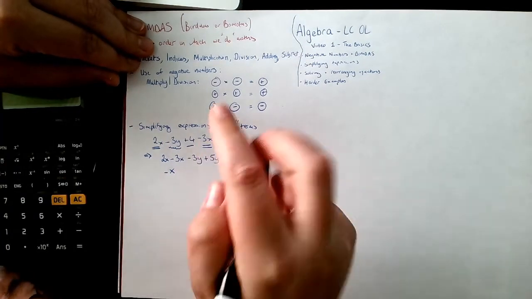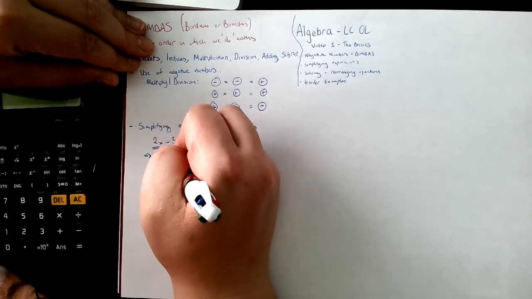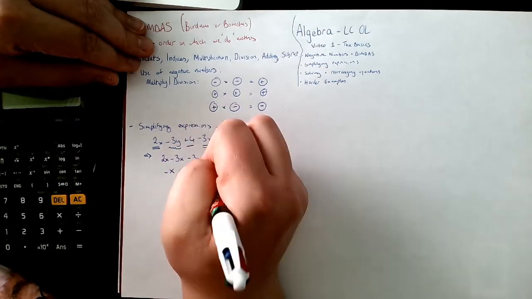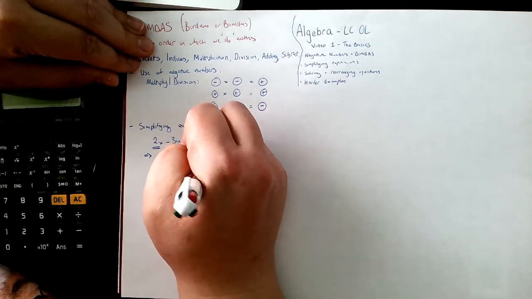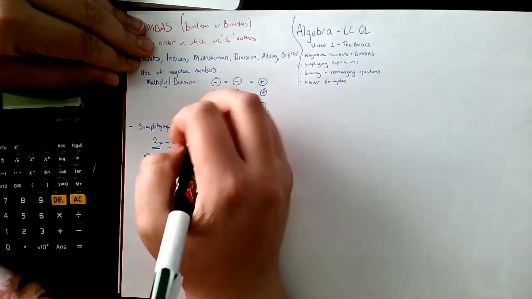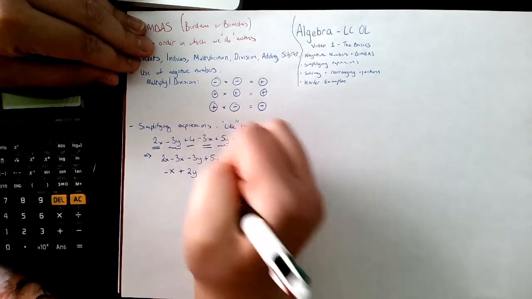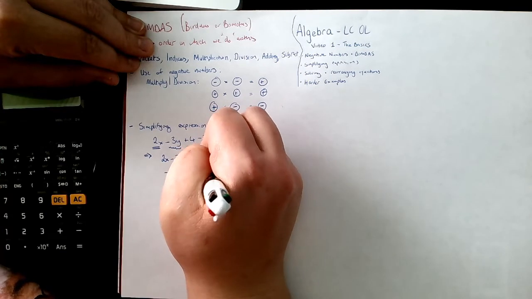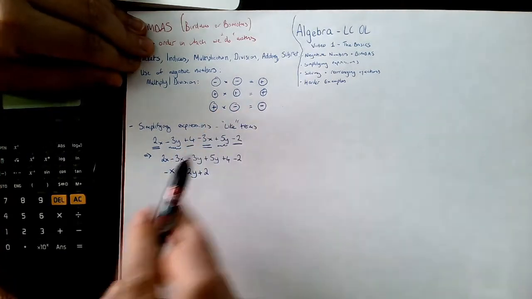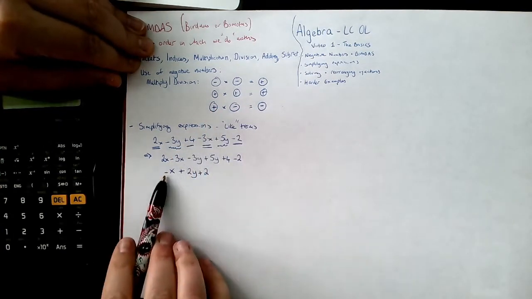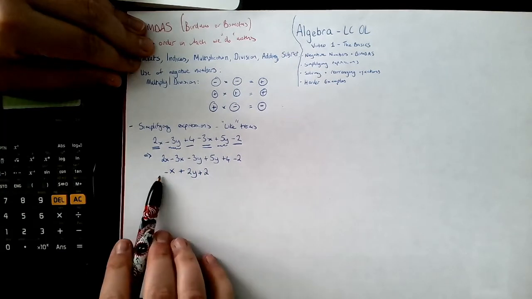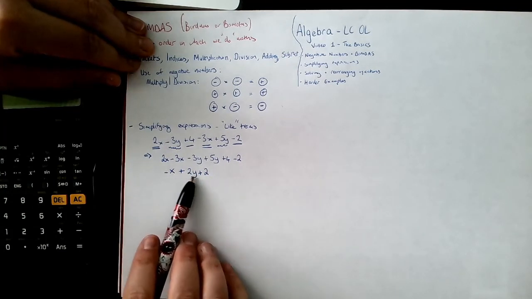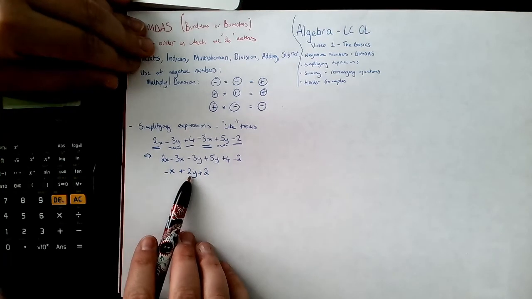Minus 3 plus 5 is going to be plus 2y. Plus 4 minus 2 is going to be plus 2. Okay, so we've simplified our expression by adding or subtracting our like terms as normal.